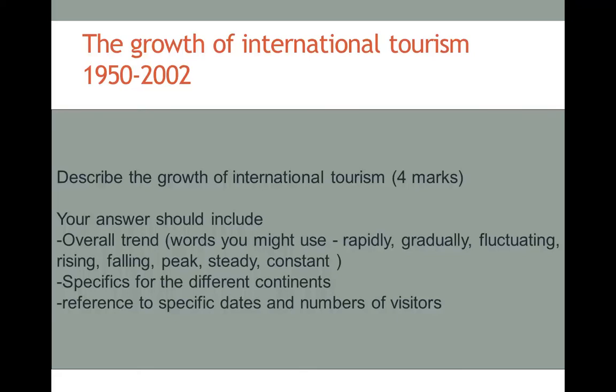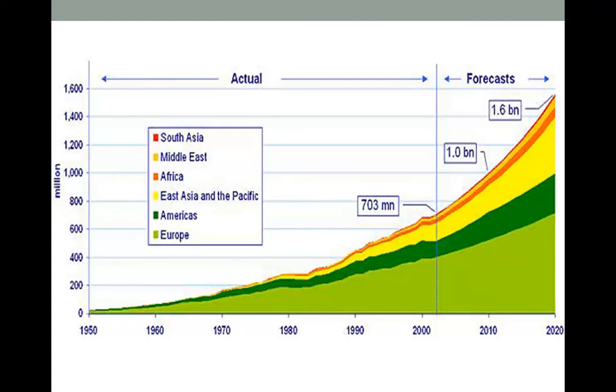So, here's the graph. Okay, pause the video and describe the growth which you can see. Now, the key thing about this graph is it's quite a complex graph. It's deliberately like this. This is what is called a compound line graph. And that means it shows not only the overall trends, but also trends within continents as well.